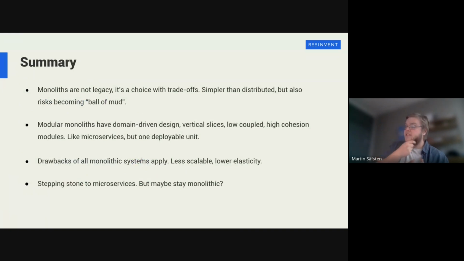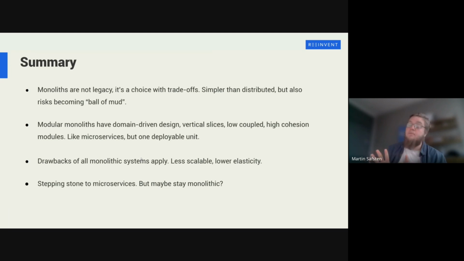So to summarize, I really believe that the monolith is not just in the past. A monolith is a solid strategy for creating a system, either to start with or to have in production.